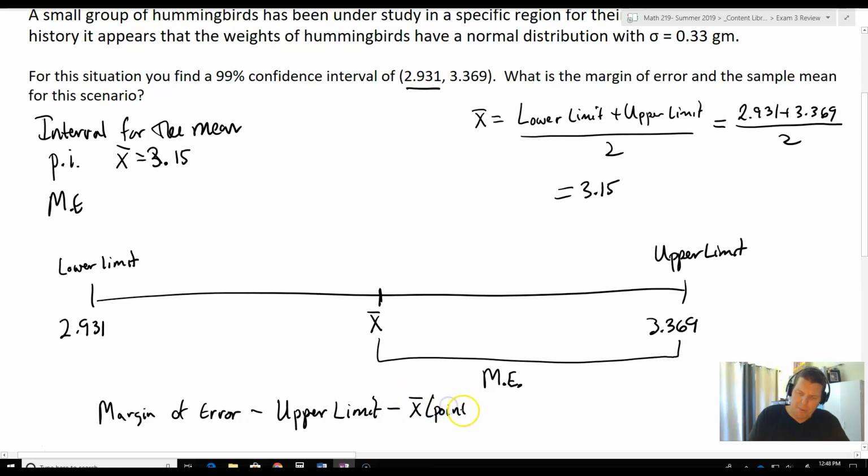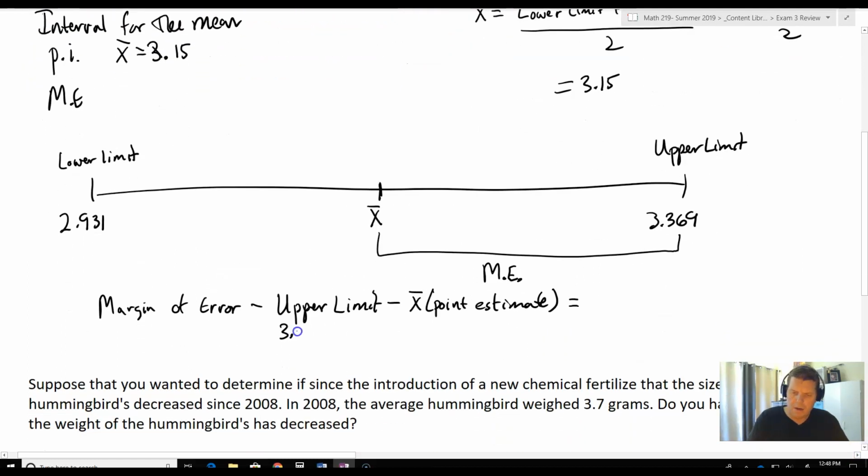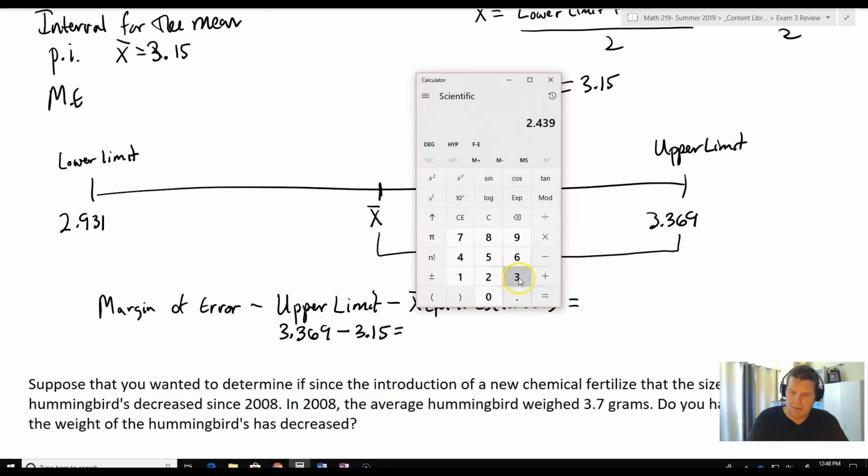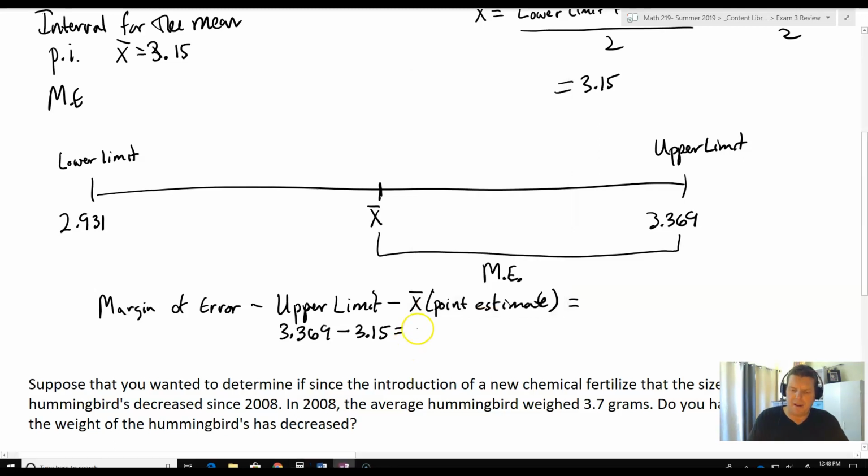So it's the upper limit minus the point estimate. In this case, this equals 3.369 minus 3.15, which equals 0.219. And so that's my margin of error.